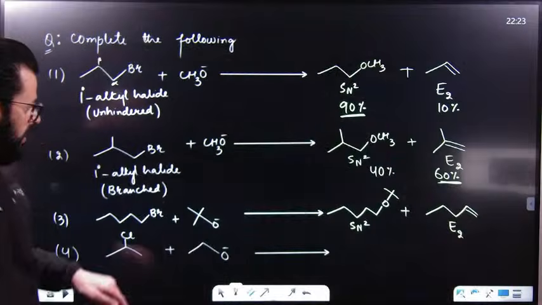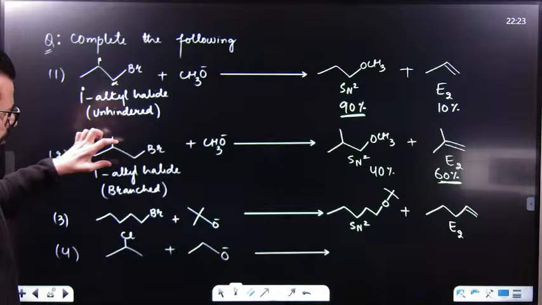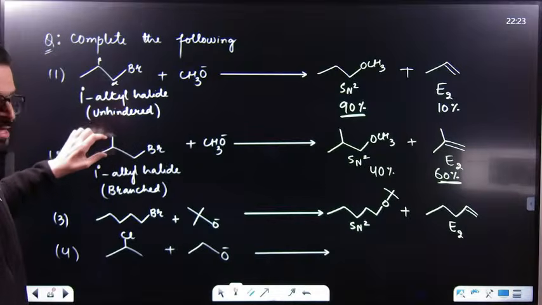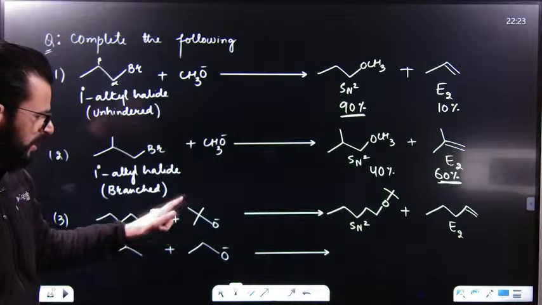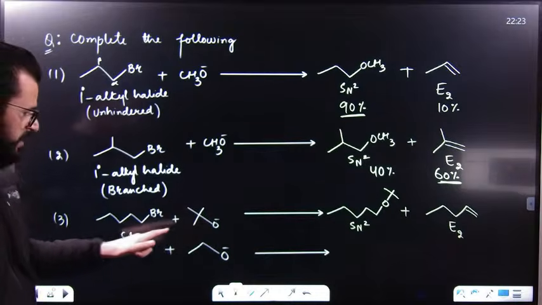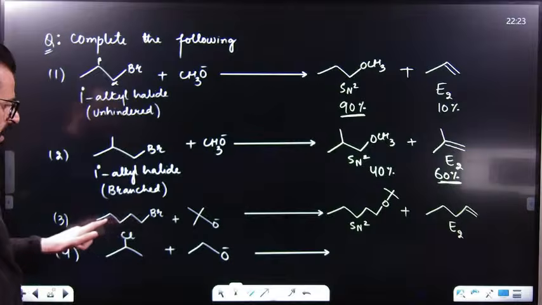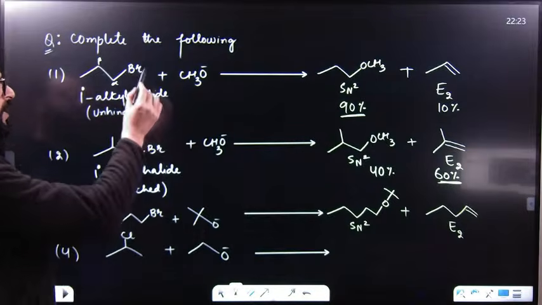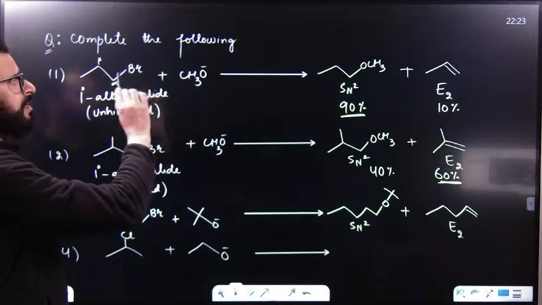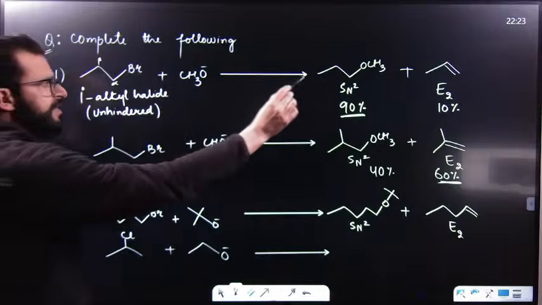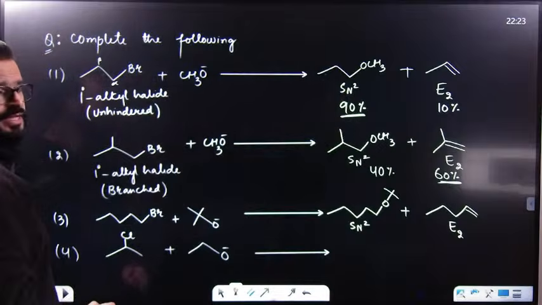Now have a look. Whenever you have a branch in either the alkyl halide or in the base, the reagent, then at that time the primary alkyl halide does not have any branch. So whenever you have a primary alkyl halide and a reagent, and both do not have any branch, there will be no steric repulsion, so SN2 will be favored if this is negatively charged.